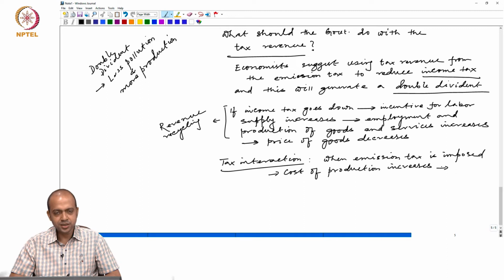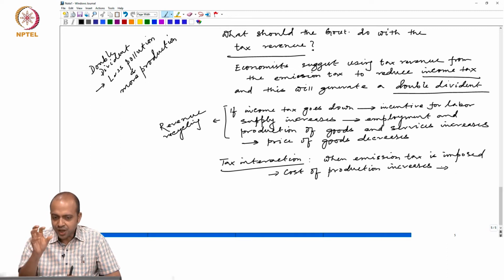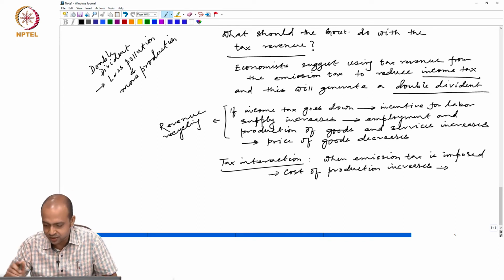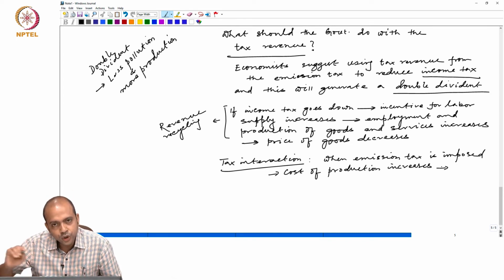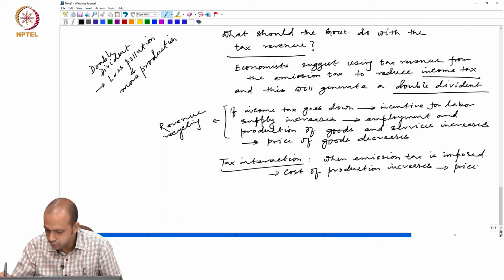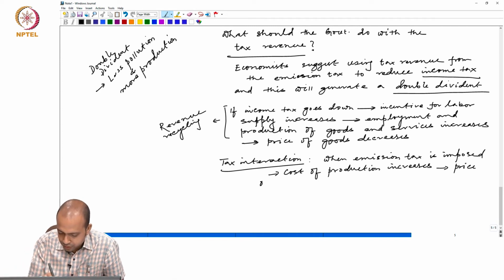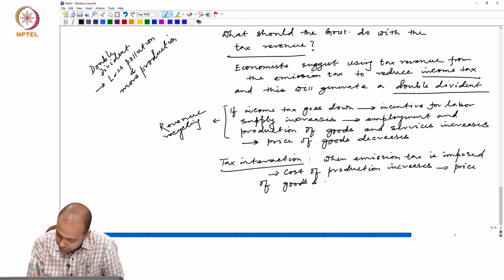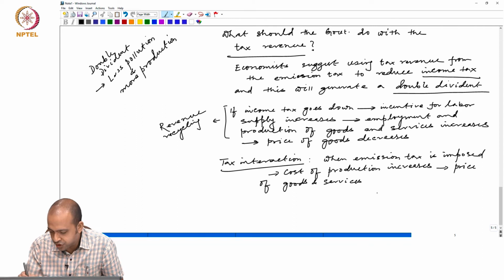Whatever might be the case, what I am saying here is that some part of this extra cost of production due to emission tax will go to the consumer as well. That means price of goods and services increases.